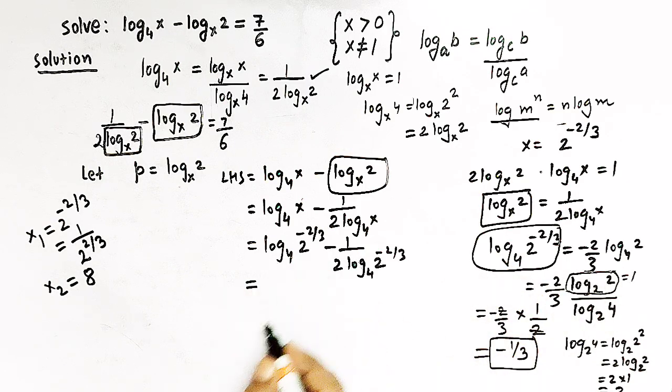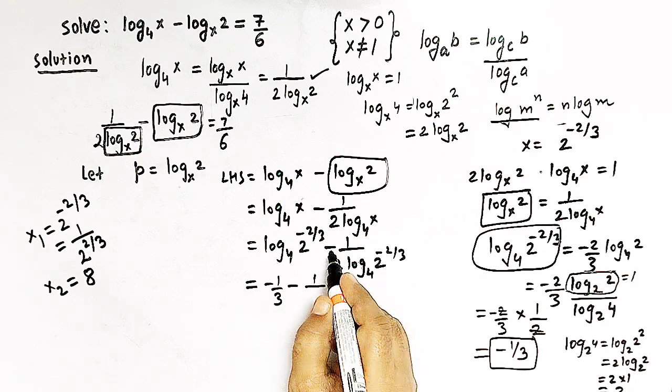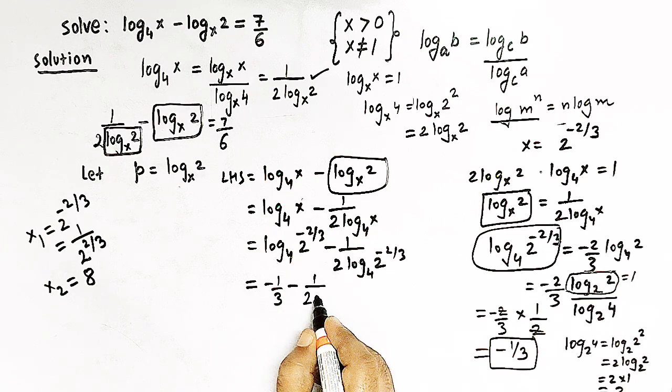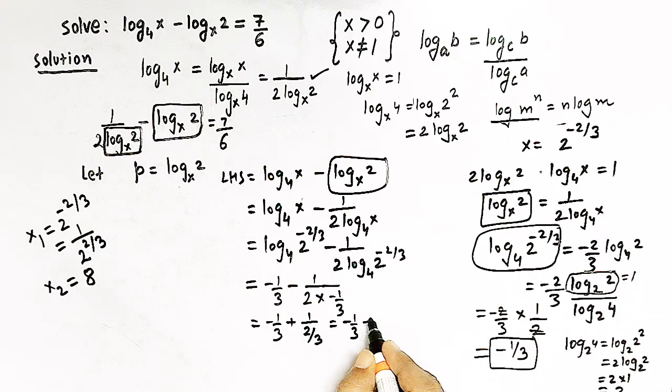So we have here minus 1 over 3, then we have minus 1 over 2 times, and here we have minus 1 over 3. So we have minus 1 over 3, and this negative and this negative becomes positive. We have 1 over 2 over 3. This is minus 1 over 3 plus 3 over 2, right? So taking the reciprocal here, we have 3 over 2.